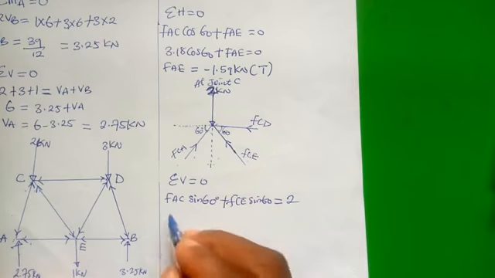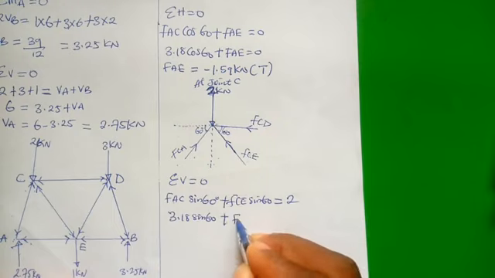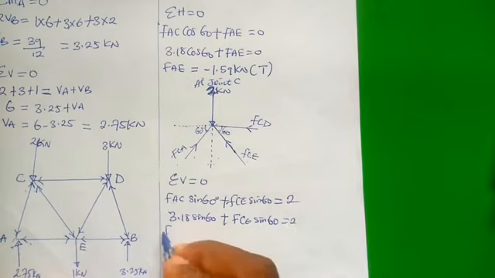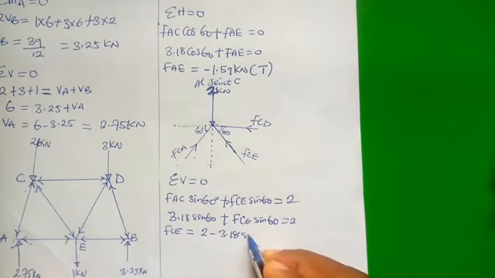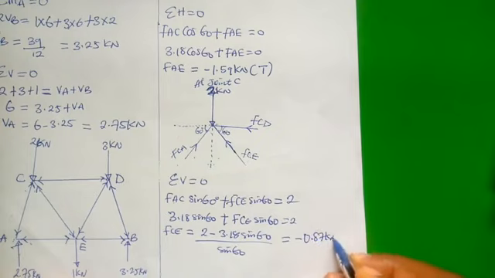With this, we have FAC already to be 3.18, then sine 60 plus FCE sine 60 to be equal to 2. So FCE is equal to 2 minus 3.18 sine 60 all over sine 60, which will give us negative 0.87 kilonewton. So this is tension.